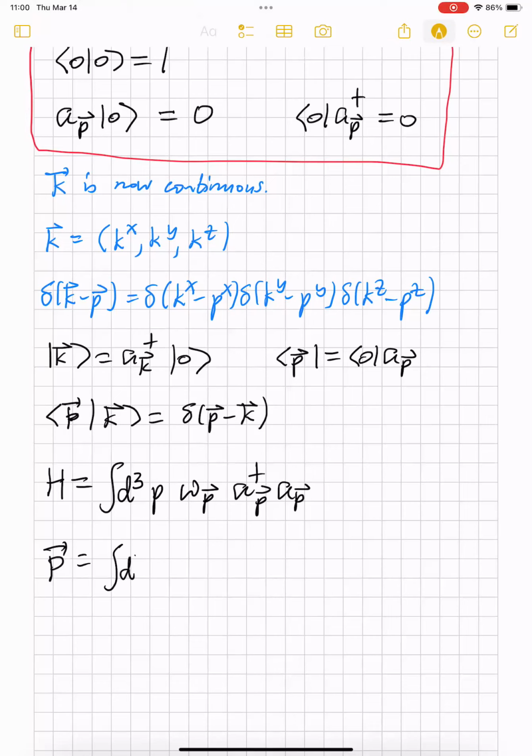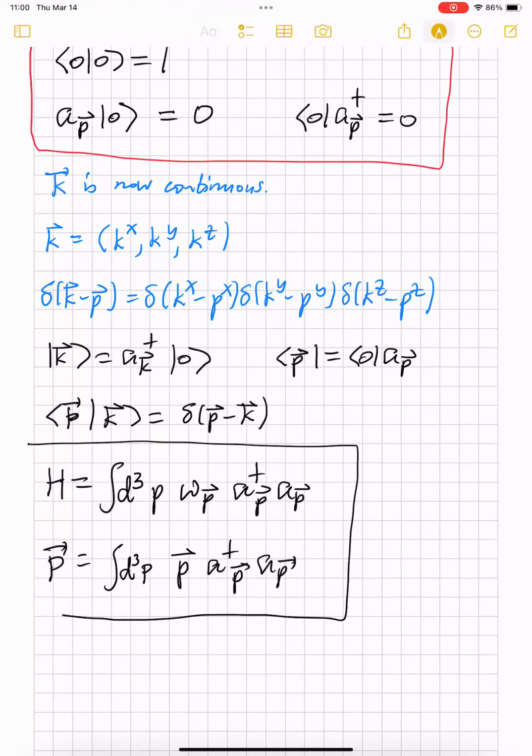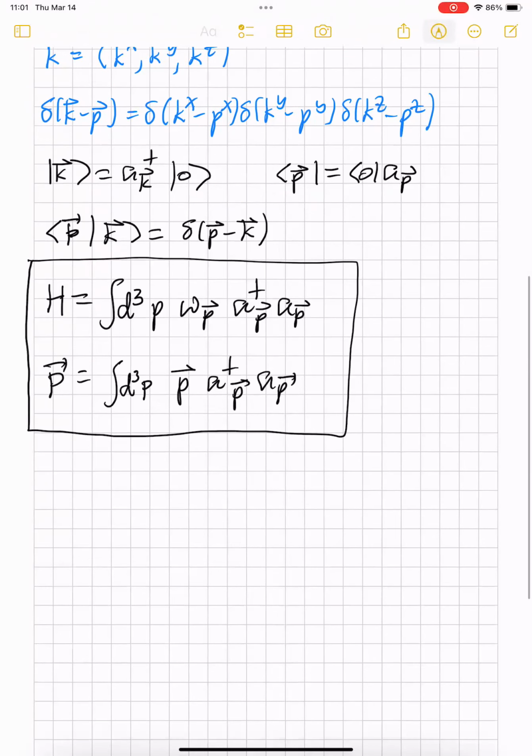The sum over p now becomes an integral over p. We have the momentum, a_p dagger and a_p. You should take these operators in Fock space and try to apply them to some Fock space states. Does it give you the correct energy? Does it give you the correct momentum? I am convinced that you know enough to carry out those calculations.